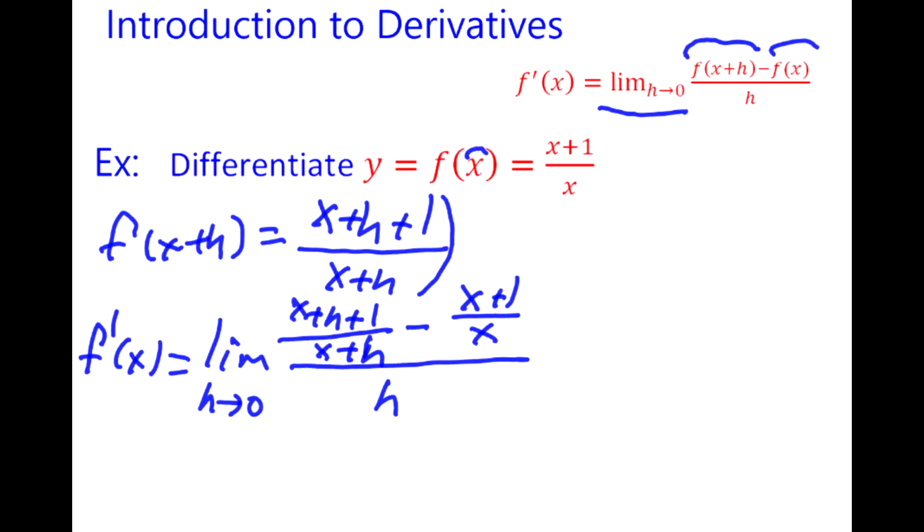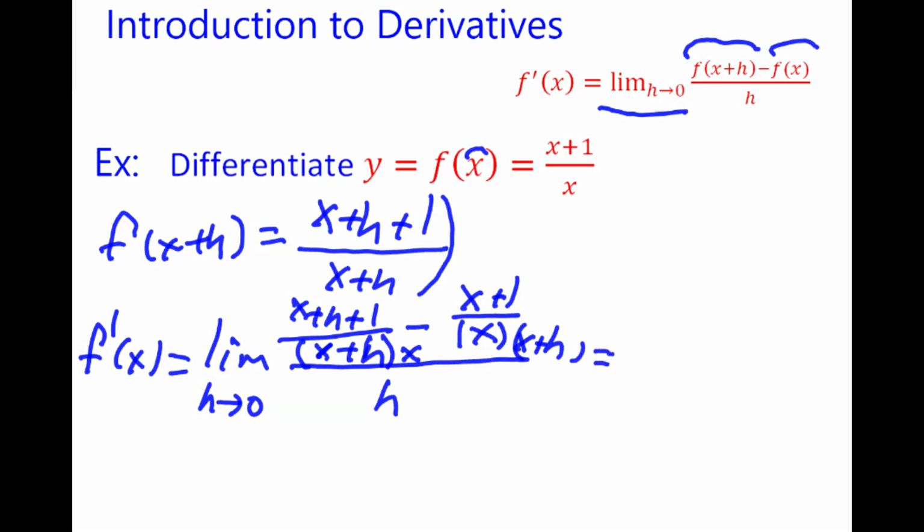So we're going to make x plus h, which is this part, and x the same. And in order to do that, we need to multiply the first one by x, and we need to extend the second fraction by x plus h, guys.